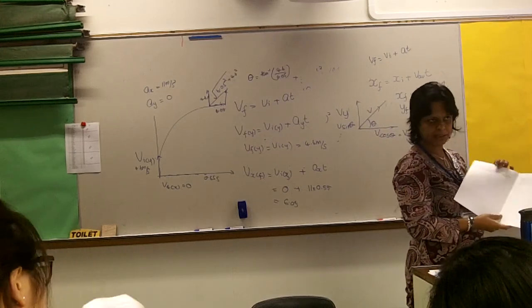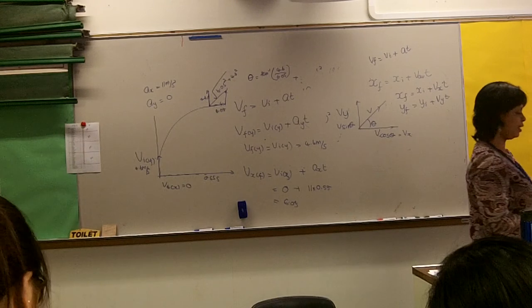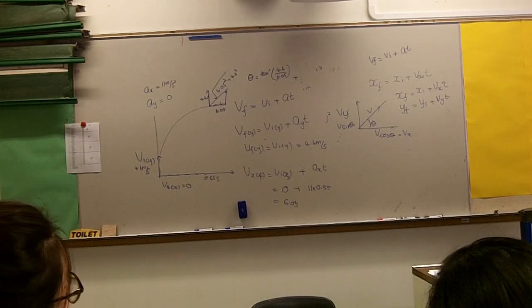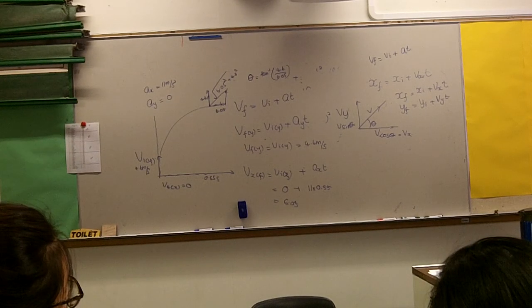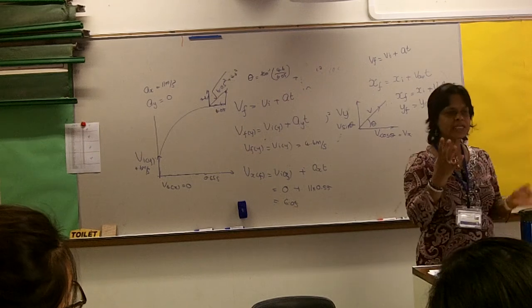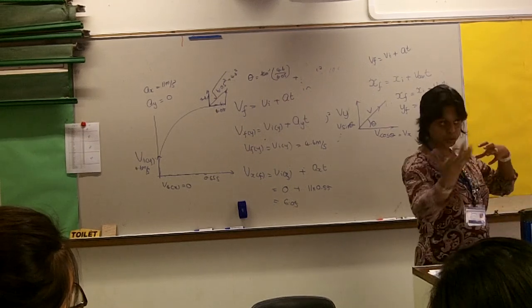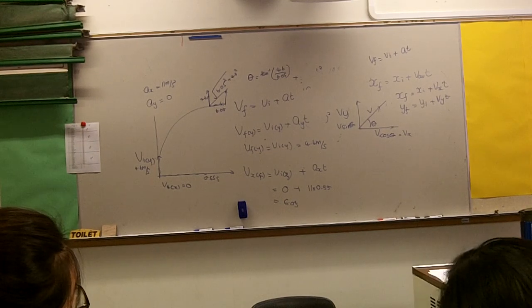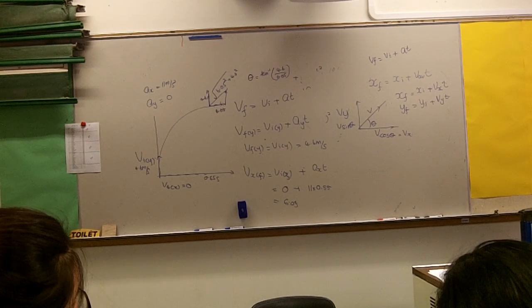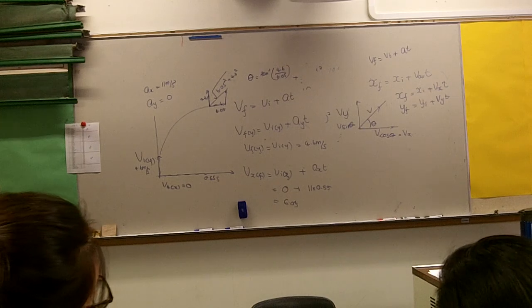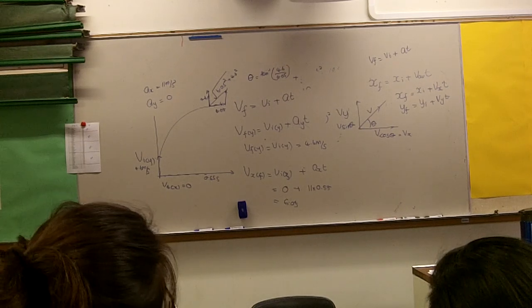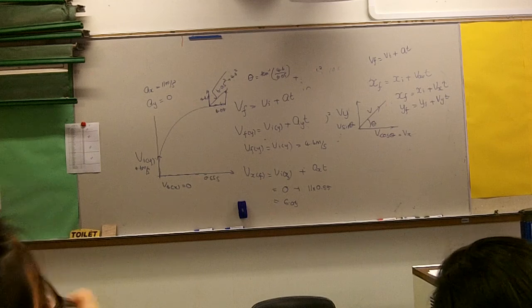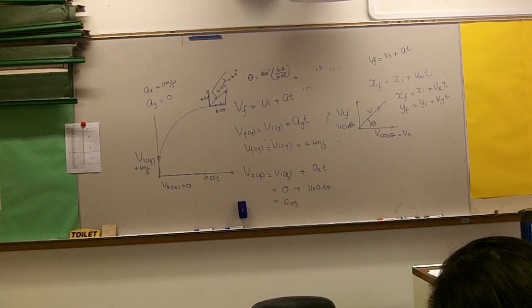Projectile is an object that is thrown or launched or kicked or batted or anything, but it is only subjected to gravitational force when it is moving, nothing else working on it. Of course it can have initial speed, but we are neglecting the air resistance, and we also neglect earth rotation.